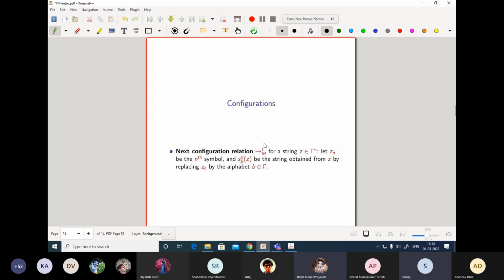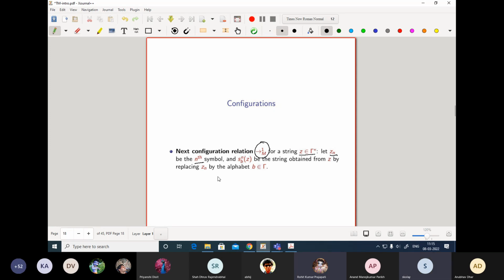So the next configuration relation here is denoted by this right arrow, subscripted by the machine M, and superscripted by 1, denoting what is happening in one step, what is happening in the next step. For a string Z in Sigma star or Gamma star, I'm going to define some notation first. Let Zn be the nth symbol.